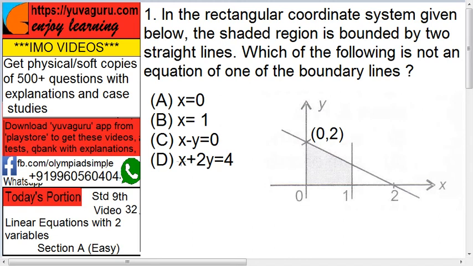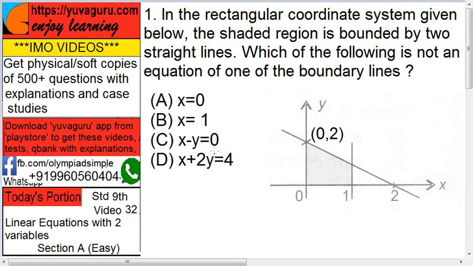Now the last line. You need not do this in the exam, but I am just giving you for perfection. X plus 2y equals to 4. Just input the values: put x equals to 0, you get 2y equals to 4, means y equals to 2. So it cuts the y-axis at (0, 2).